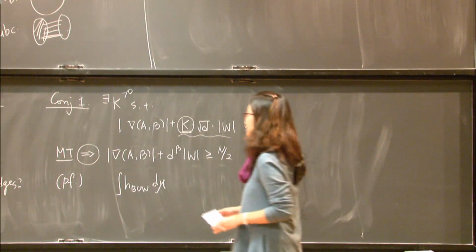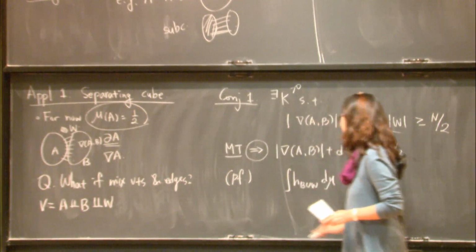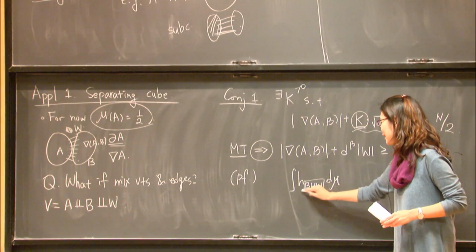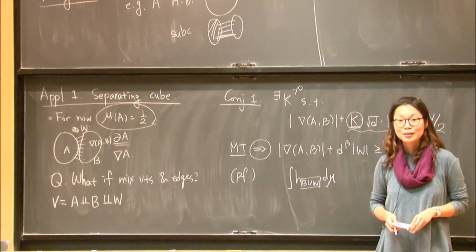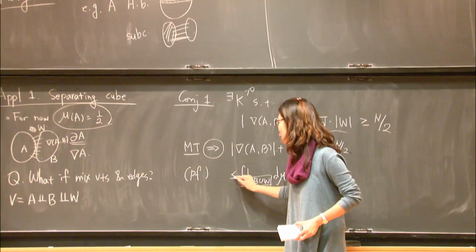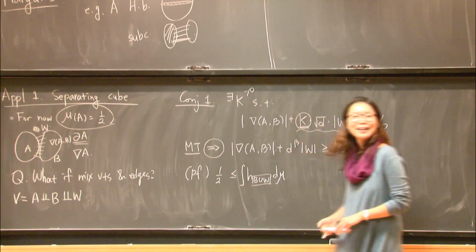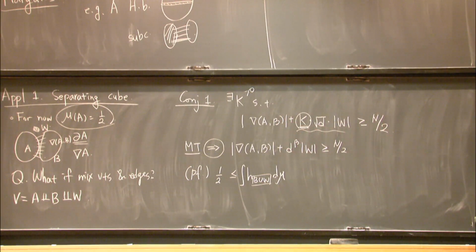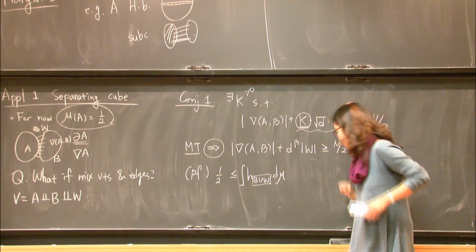Because of our assumption, we know that the measure of this set is exactly a half. So by our main theorem, this is bounded below by a half. I just plug in a half to our right-hand side.